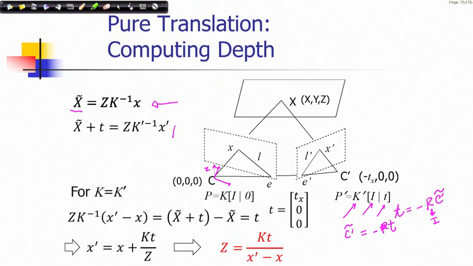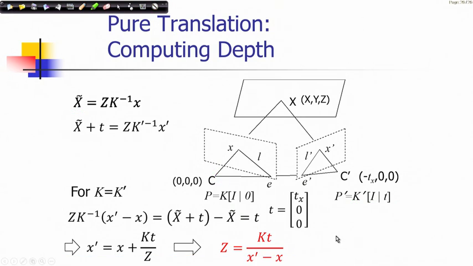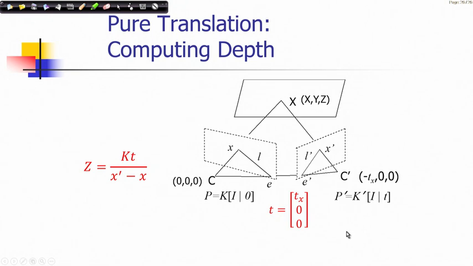This is how we can compute depth, and this relationship can be further simplified if we take a simple form of K, where in the calibration matrix we consider only the focal length as a parameter, and all other parameters are set to 0, which means the principal point is also the center of the image coordinates.